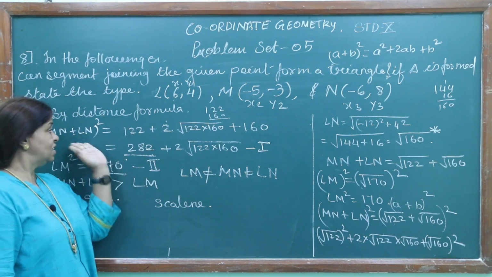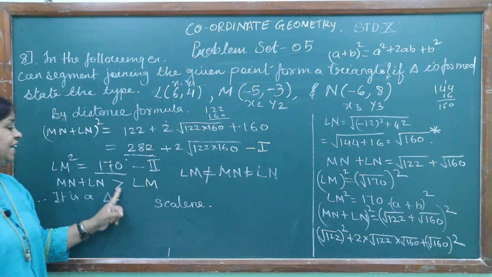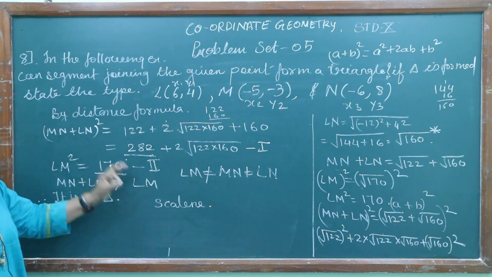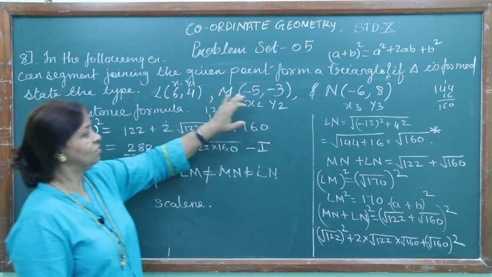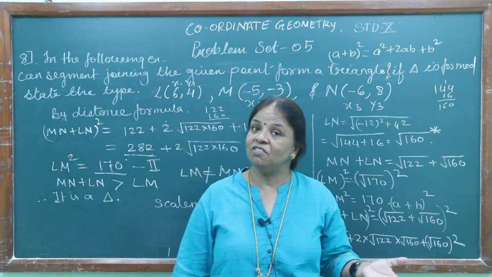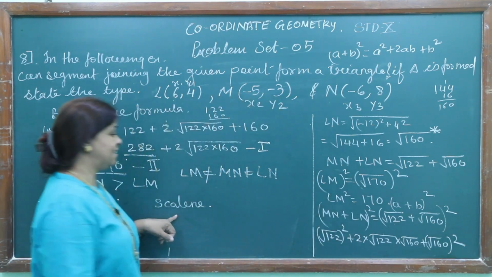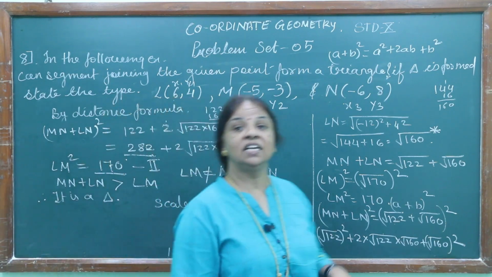And if the sum of two lengths is greater than the third length, then it will form a triangle. These 3 points will form a triangle, and it will be a scalene triangle. Why scalene? Because all side lengths are not equal.